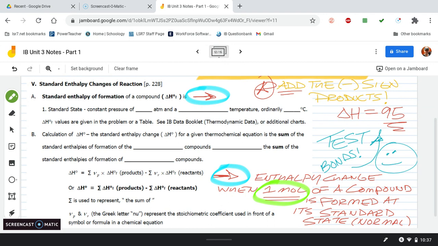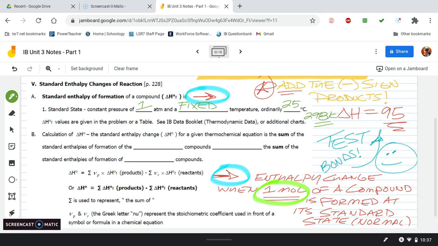So a couple more definitional things. What the heck is standard state? Standard state is going to be a pressure of 1 atmosphere, like we're used to as standard conditions, and a fixed temperature, which means the temperature cannot change, which is ordinarily going to be 25 degrees Celsius, that's 298 Kelvin, and guys, that's room temperature.